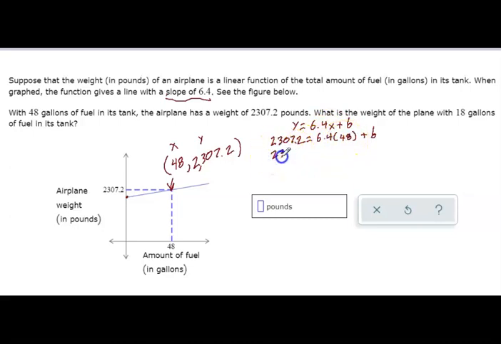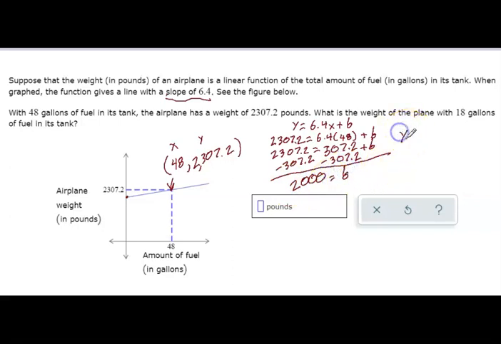Bring down the 2,307.2 and the equal. 6.4 multiplied by 48 is 307.2 plus b. Then to get b by itself, subtract out the 307.2 from each side. And that works out to a nice even 2,000. So our y-intercept, or b, is 2,000.